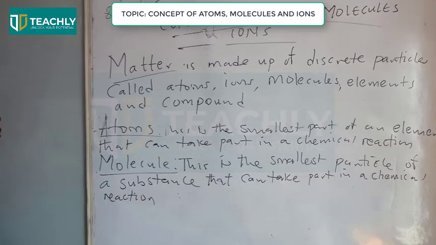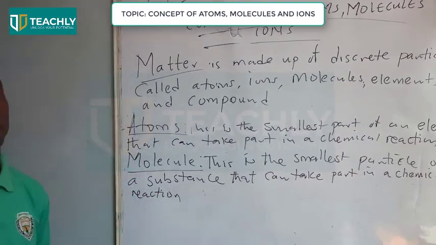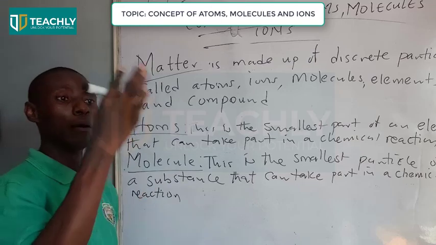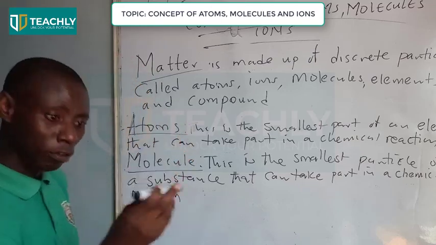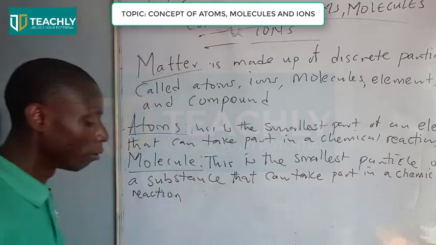So you can see molecule is the smallest particle. Like I showed you the other time, if you hold a substance and break it into the smallest one, any substance you can see, the smallest division of that substance is your molecule.